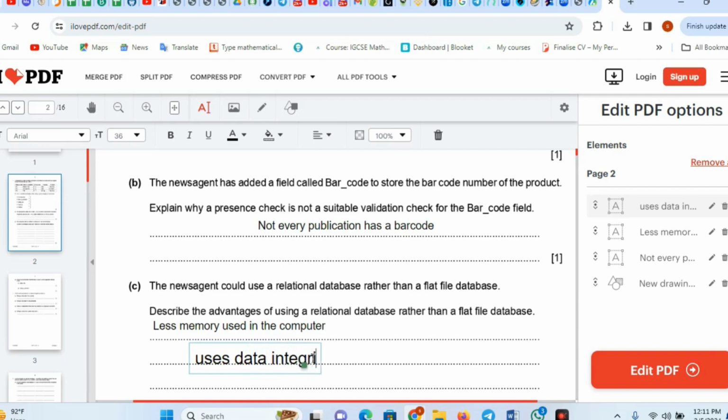You can leave your answer as uses data integrity, or you can explain what you mean, which is no discrepancies in the data.